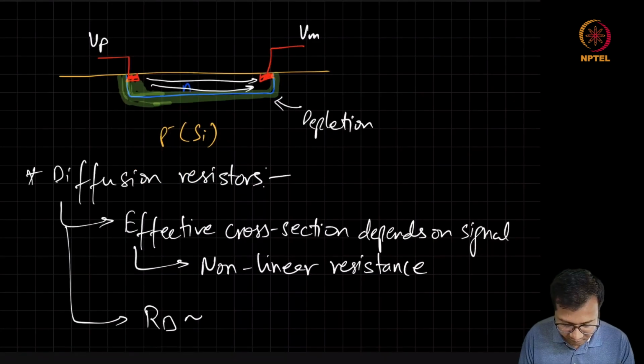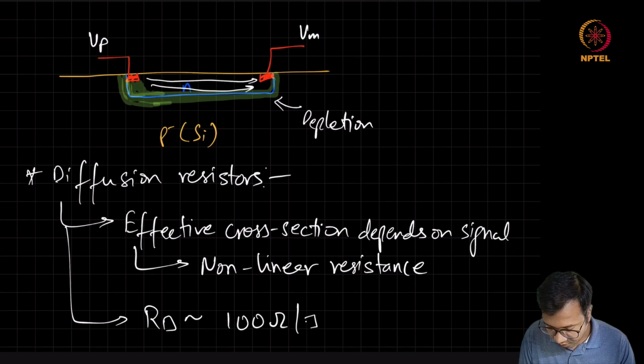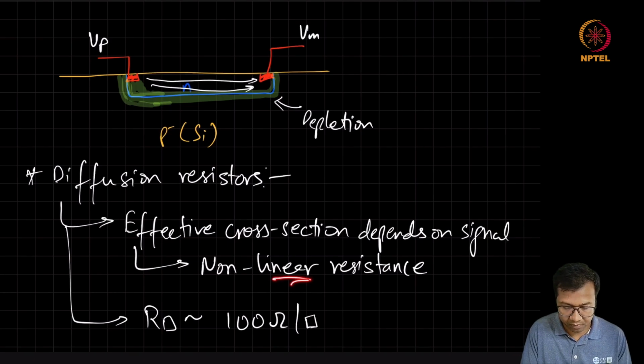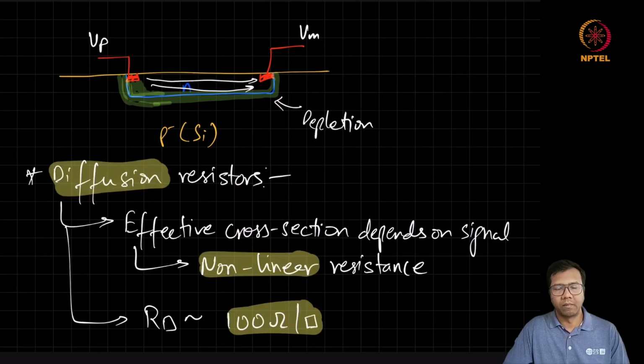For diffusion resistance, we can get a sheet resistance of the order of 100 ohms per square. This can be useful in many applications as long as there is no strict requirement on linearity. Now we have seen these various passive devices which are available in a CMOS process, like inductors, mutually coupled inductors, capacitors, and resistors.